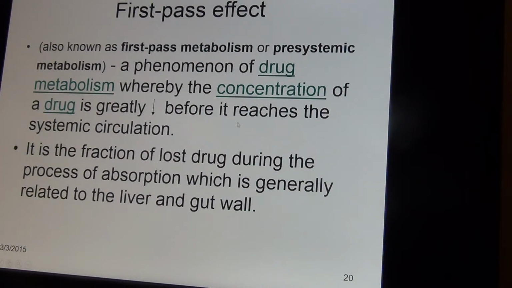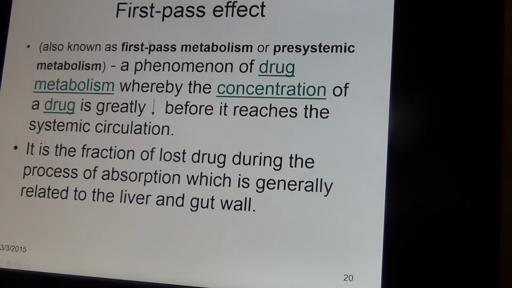So in first pass effect, you have to know that the concentration of the drug is reduced before it reaches the systemic circulation, which is the intended place that the drug needs to reach. So it is a fraction of lost drug during the process of absorption, which is generally related to the liver and gut wall.